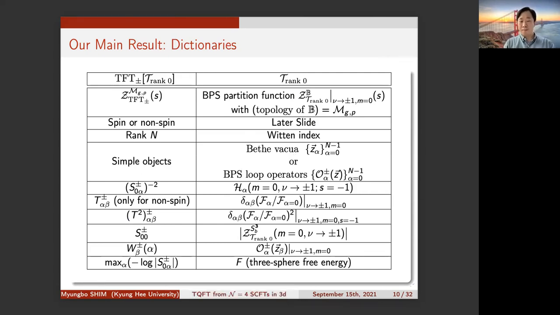And here, I'd like to emphasize this last entry of the dictionary, which is very interesting.